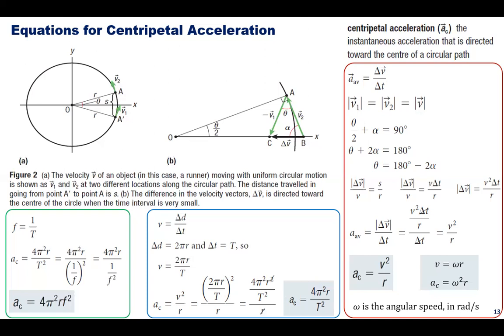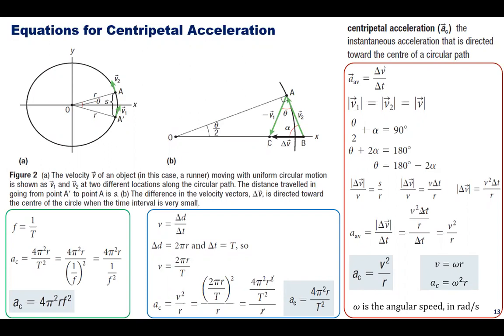While the other side between points A prime and A has length S. When delta T is very small, the arc length between point A prime and A approaches a straight line length that connects A prime and A. Therefore, the distance the runner travels from A prime to A is approximately equal to the distance given by S, which is approximately V delta T. The triangles BAC and AOA prime are similar, so the ratios of their corresponding sides are equal.